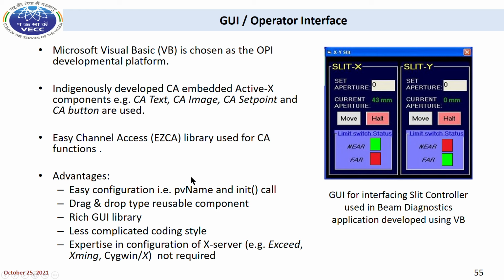The advantage is that using a drag and drop, easy graphical type of coding facility, the GUI of the distributed control system can be developed very easily. The figure shows the GUI of the slit controller interface used in beam diagnostic application developed in Visual Basic.